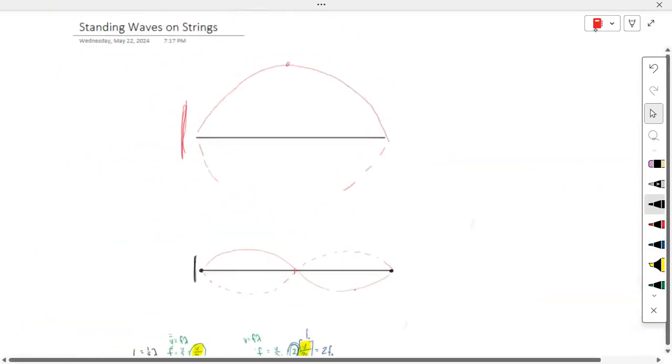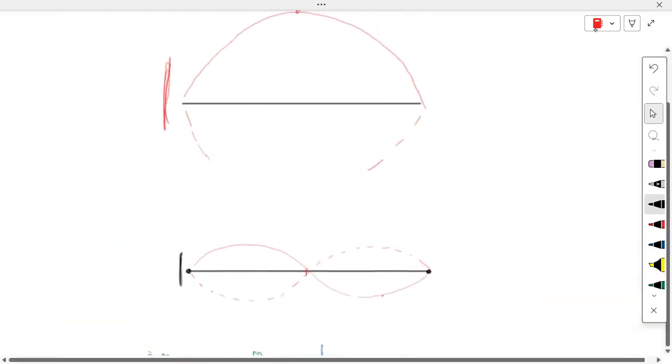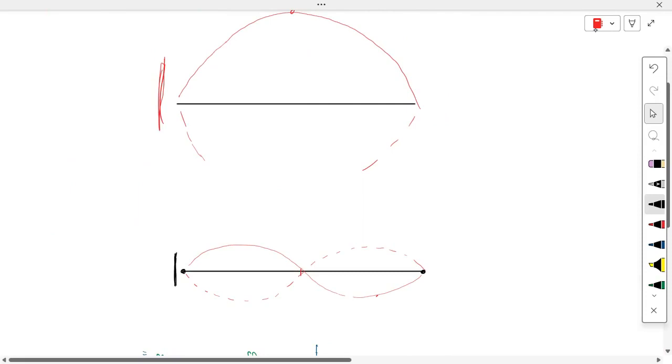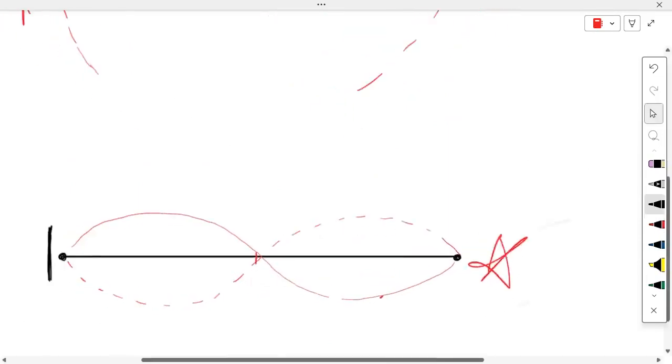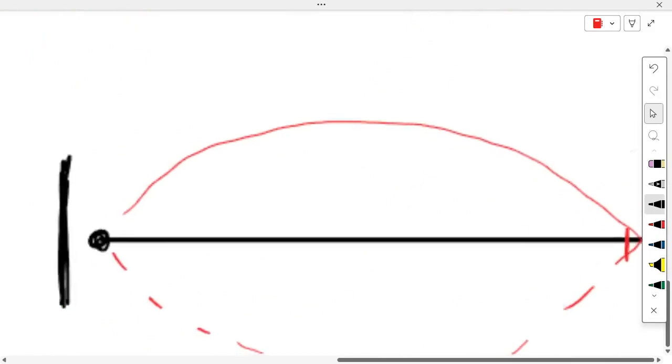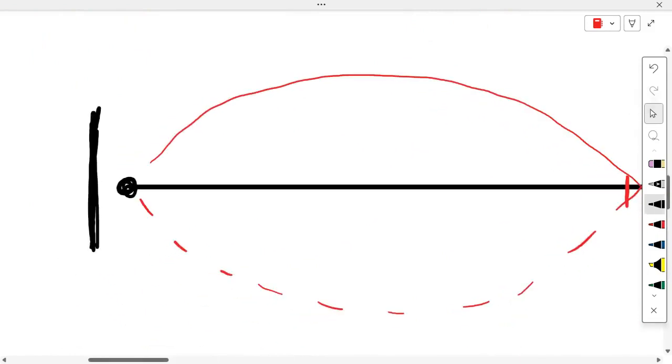Now let's imagine this. Here's our fundamental frequency. I can make this happen in one of a couple of ways. One thing is I could simply make half of the original string length vibrate.